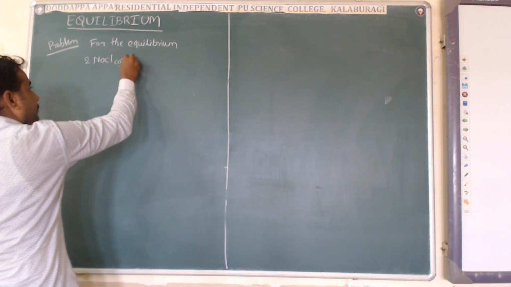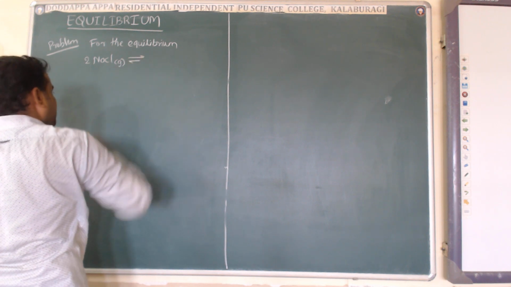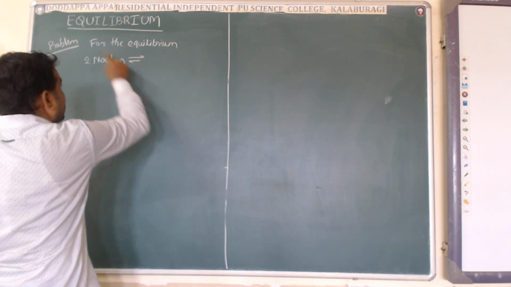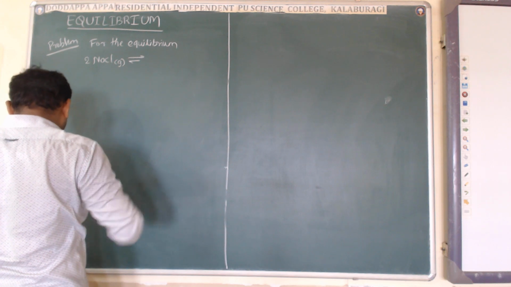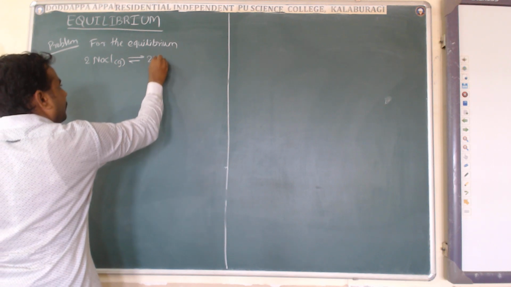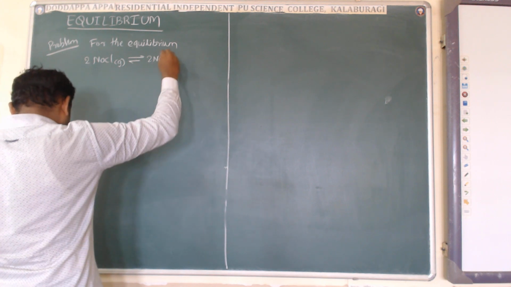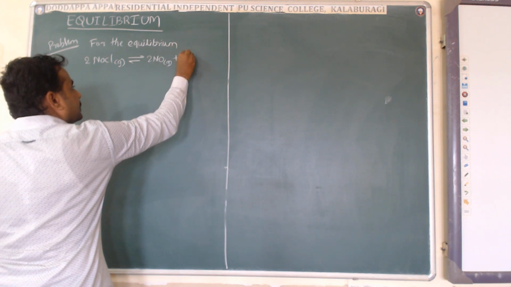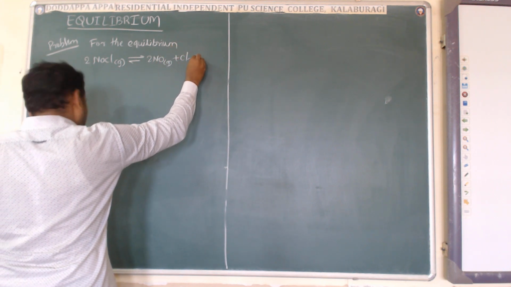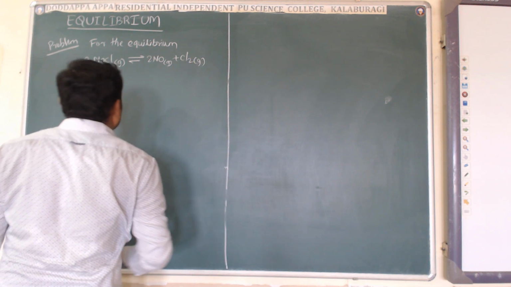So it is converting, and the equilibrium is here. This is a reversible reaction, that is for the equilibrium diagram. So 2NO in the form of gas plus Cl2 in the form of gas, also in the form of gas.